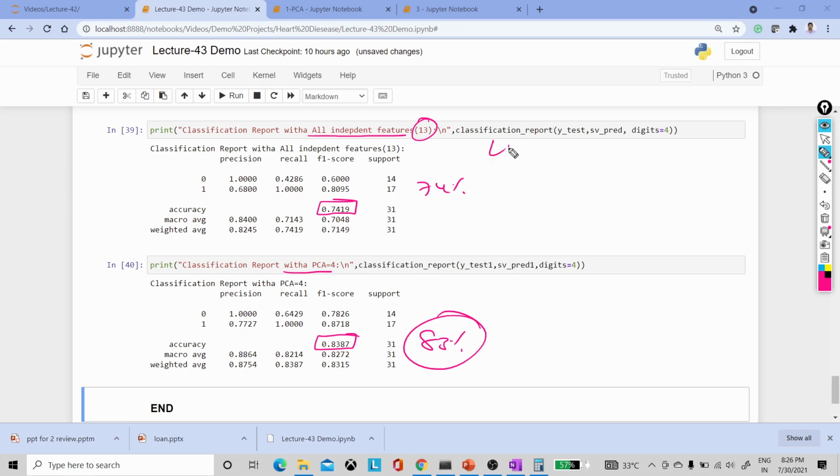Suppose I take the elastic regression: with 13 features I got 80%, and with PCA I got 70%. So we can't say that every time you apply PCA, the accuracy will increase. Sometimes it may increase compared to without PCA. It depends on the data and on the algorithm whether it increases the accuracy when we apply the PCA.